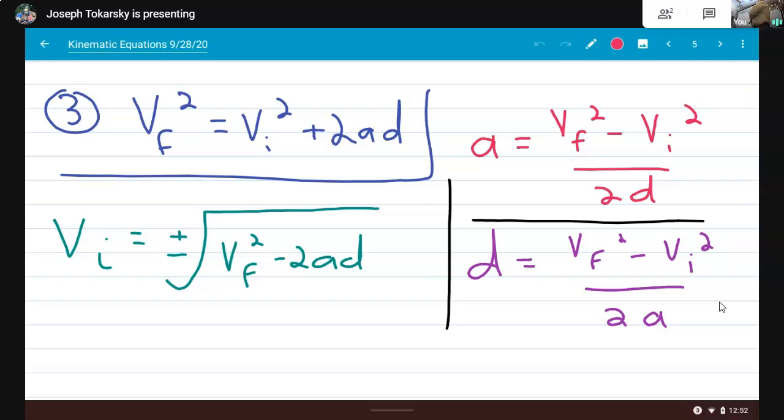Yeah, don't sit back there and be lost. Ask a question if you need it. I'm going to assume we're good. Yes. What's that? The F's and I's are subscripts. Final velocity, initial velocity. Okay?